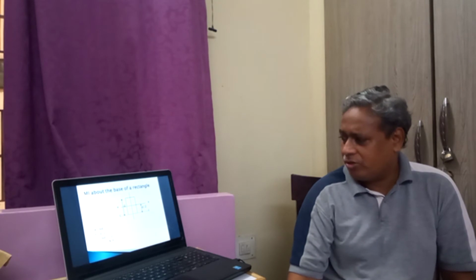According to our formula, ICC is equal to the moment of inertia about the centroidal axis, that is Ixx, plus area into this distance square. Therefore ICC is equal to Ixx plus Ah square. Now Ixx we know is bd cube by 12, and similarly area is b into d, h is half of this distance, that is d by 2.